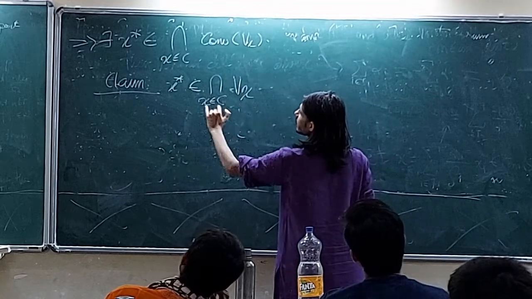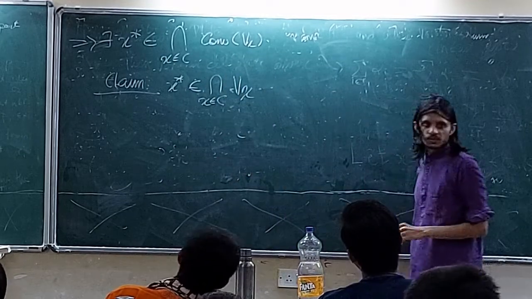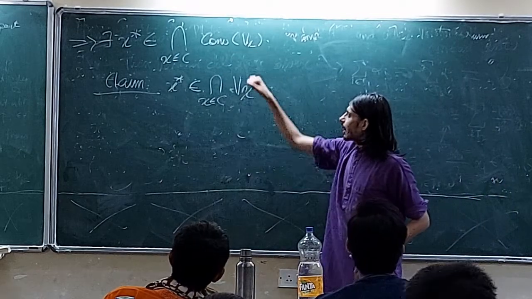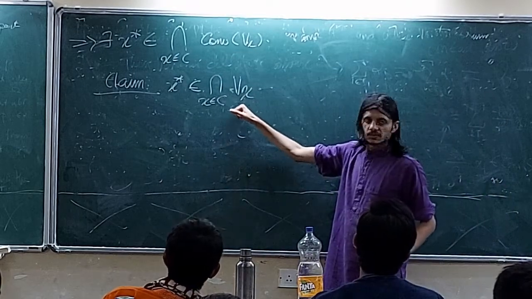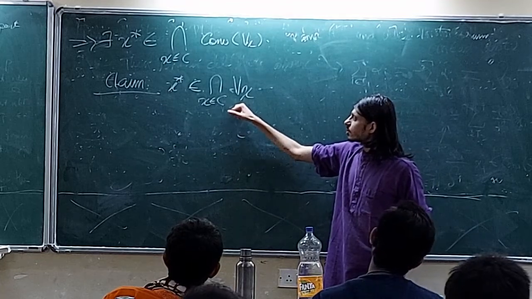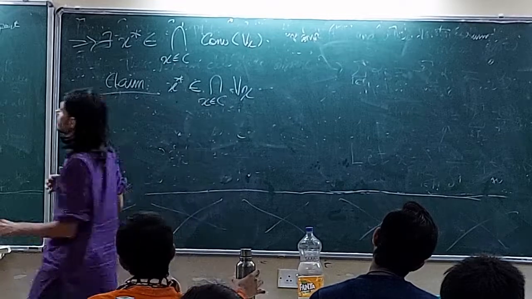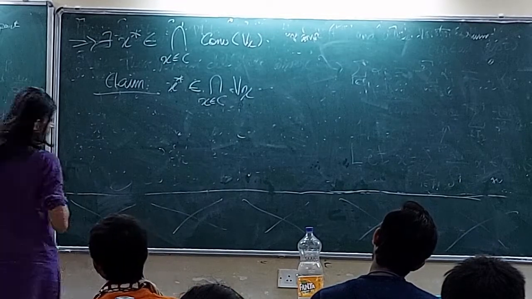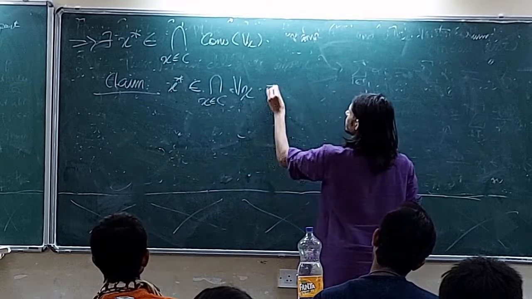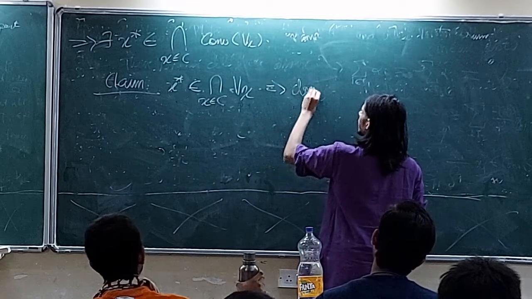The other says that it's in fact in each of the Vx. I'm literally telling you it's visible to every point. This is a claim. And if this is true, then x star is the point that we need, right? Claim implies done. If you finish off this claim, we're done.